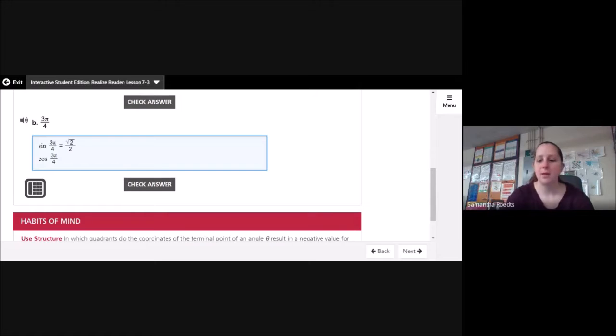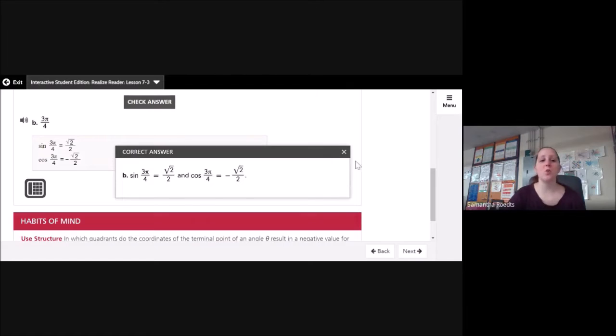So that's my y value, and my cosine of 3 pi over 4 equals negative square root of 2 over 2. So this will actually be a 45-degree angle, which is where we're going to get the square root of 2 over 2 and square root of 2 over 2 for sine and cosine. Remember, your cosine is your x value and your sine is your y value.